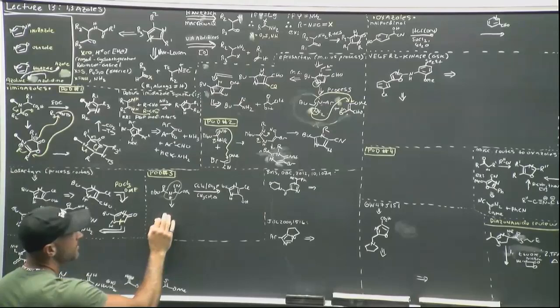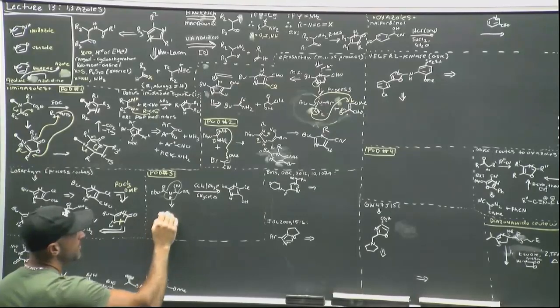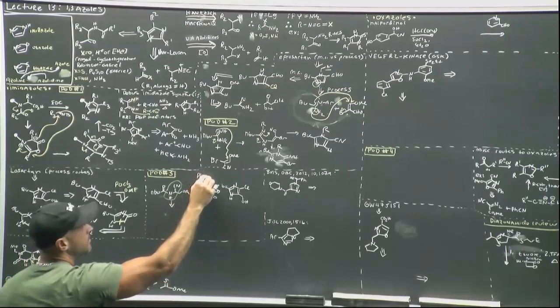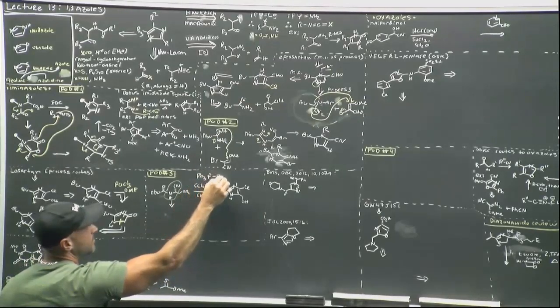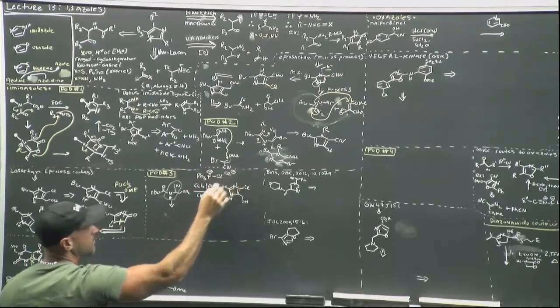Yeah, so first you have the trialkyl phosphite attacking the carbon tetrachloride, attacking the chlorine of the carbon tetrachloride, and generate a chlorophosphonium species, and CCl3 minus.